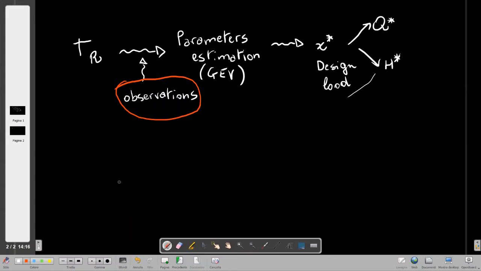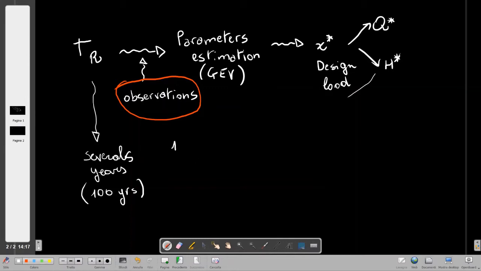Indeed, we said that in order to evaluate the design load for a given return period, when the return period is more or less several years as an order of magnitude, say 100 years, just for example, we need a long enough time series of observation to get a reliable estimation of the design load.